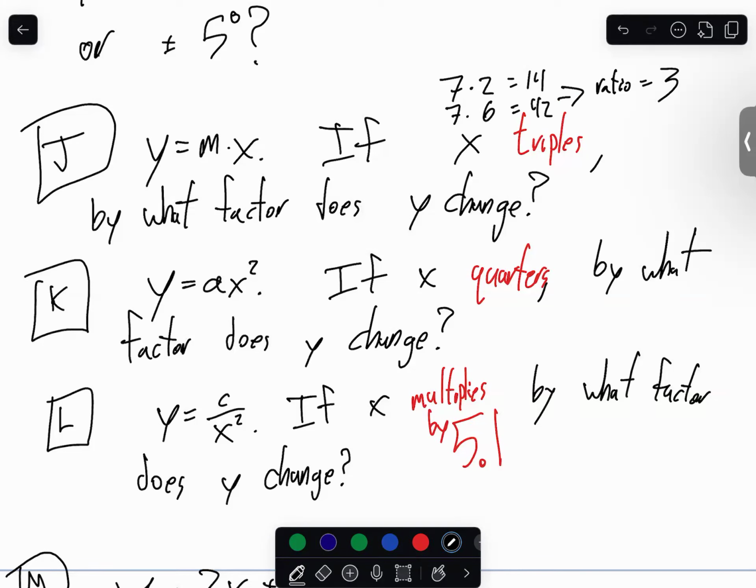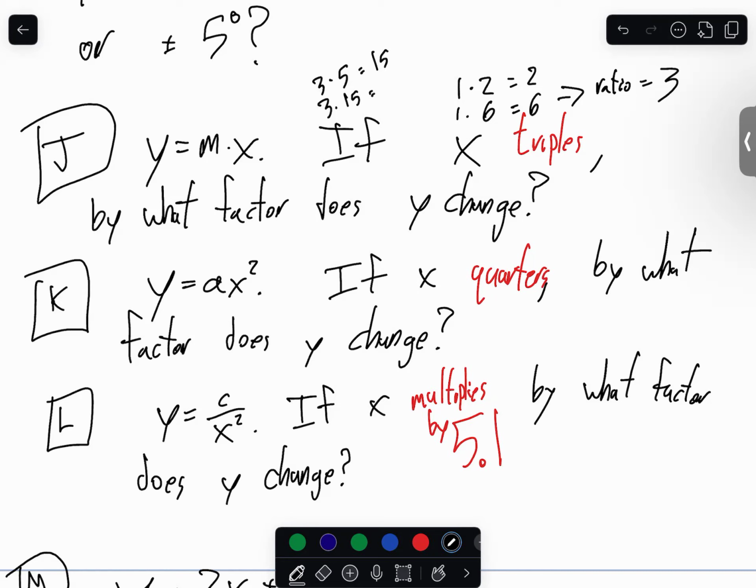It doesn't matter the numbers you did either. What if I let m be 1? If x is 2 and triples, it becomes 6. 1 times 2 is 2, to 6. It triples. It doesn't matter that I chose 2 and 6 either. If m is 3 and x starts at 5, and then triples to become 15, what's 3 times 5?